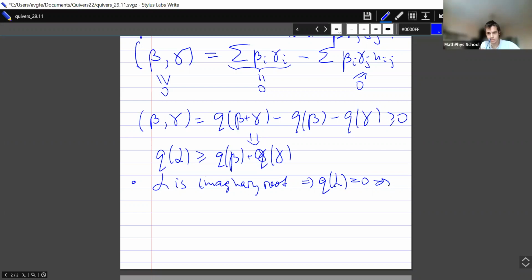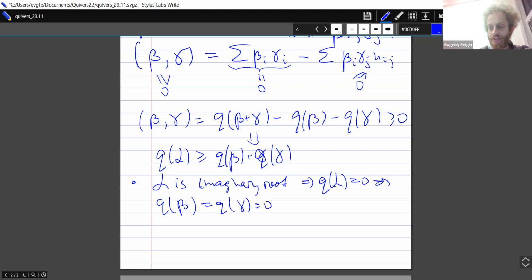These are also zeros. Yes. Why? Because Q is positive semi-definite, and then we have a sum of numbers which are non-negative.